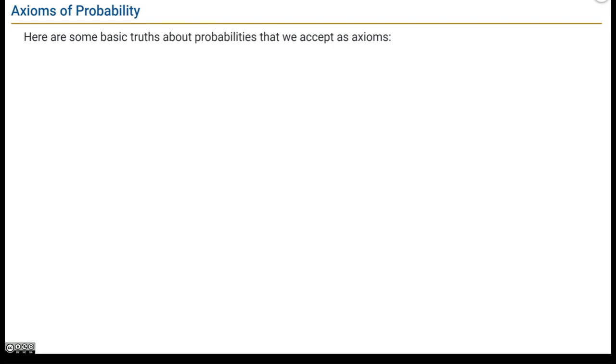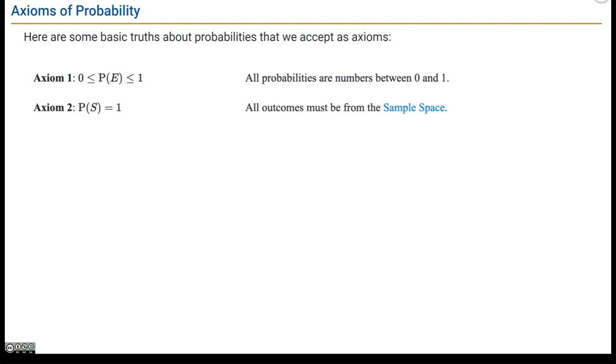Regardless of which of those schools of thought we're looking at, there are three main axioms, think of them as starting points, for defining a probability function that we all agree on. So these are basic truths for playing the game of probability. The first rule is that probabilities must be numbers between 0 and 1. The second rule is that all of the outcomes must be from the sample space.